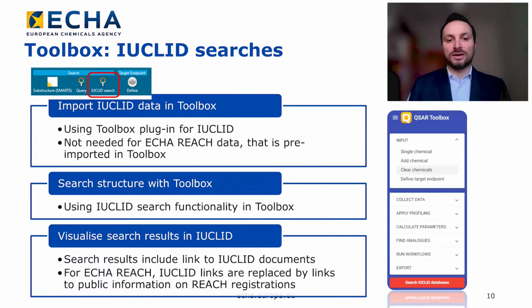And then you can visualize the search results in IUCLID, because the search results in Toolbox include links to IUCLID documents. And exclusively for ECHA, the IUCLID links are replaced by links to public information for each registration that is on our website.